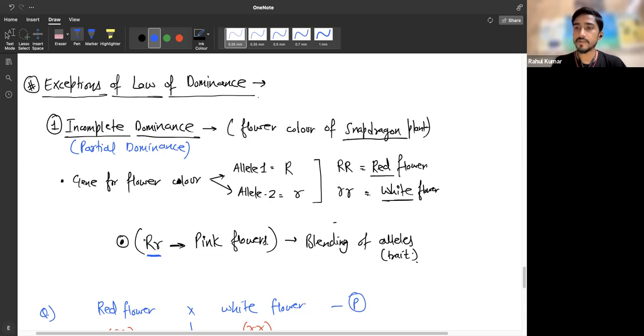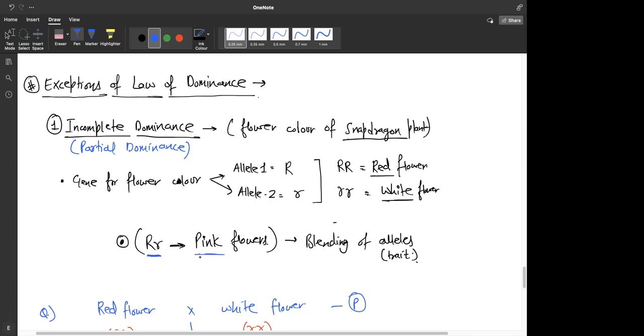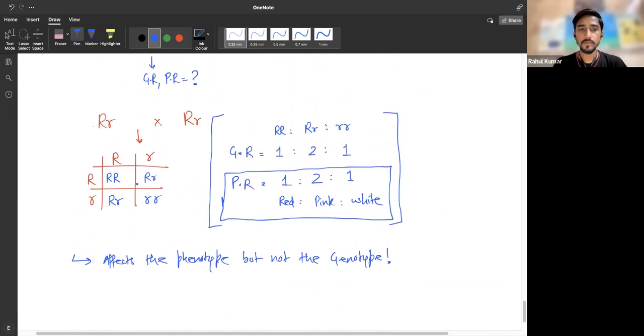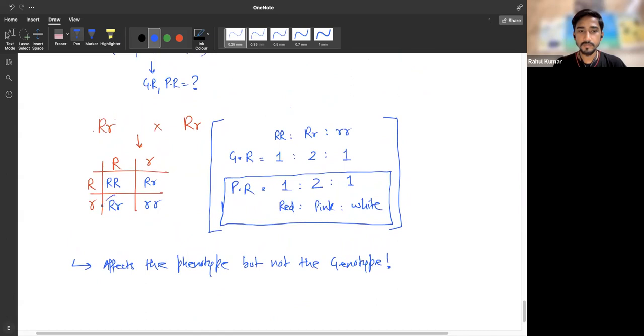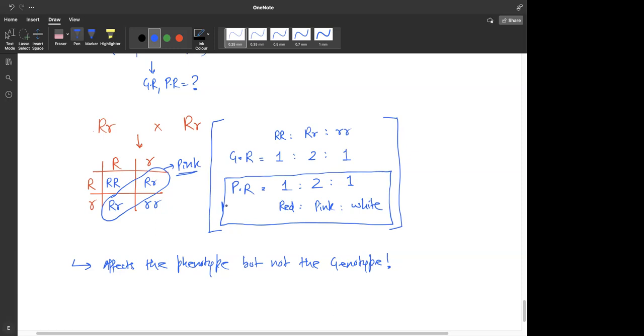Normally it should have, but the exception is that it gives rise to pink flowers. Two of the genotypes are capital R small r, so they give pink flowers because of incomplete dominance in Snapdragon. So the phenotypic ratio becomes 1 red, 2 pink, and 1 white. 1:2:1. Clear?